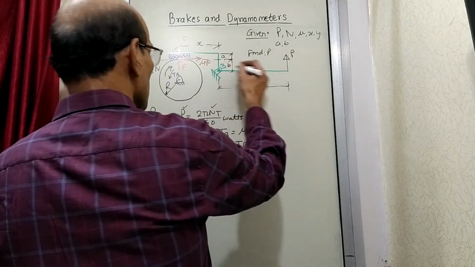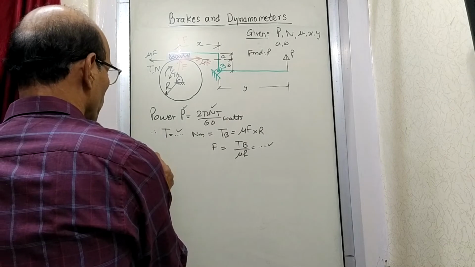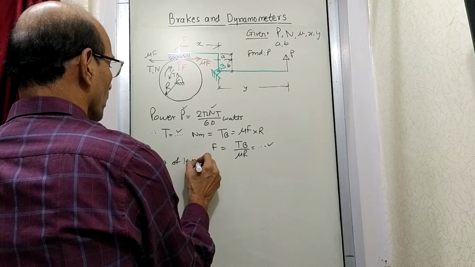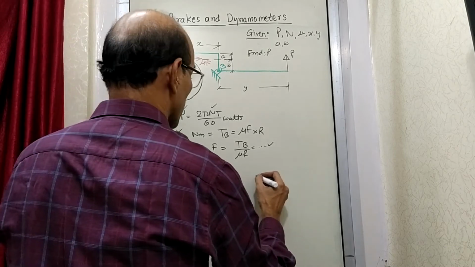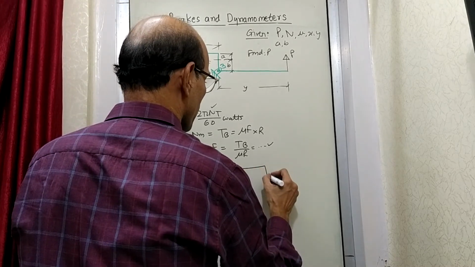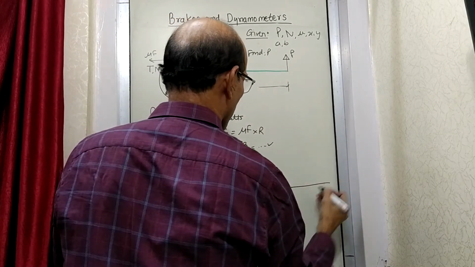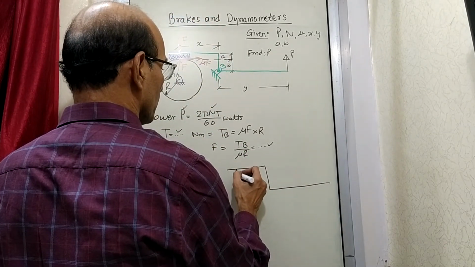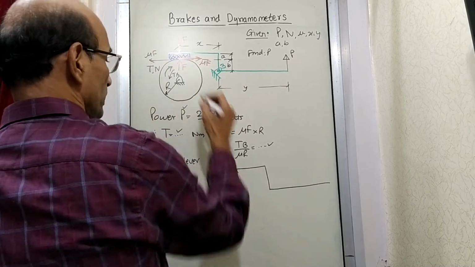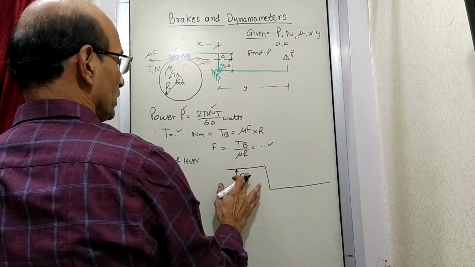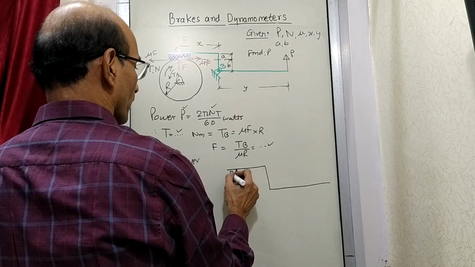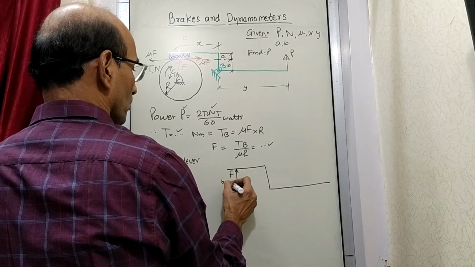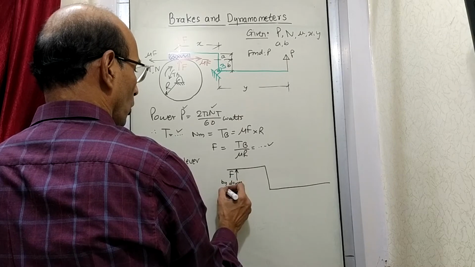So now we will go to the equilibrium of the lever. For equilibrium of lever, we have to draw the diagram for the lever, which is like this. This is a lever. At this point, there is a normal reaction acting, force by drum on lever.